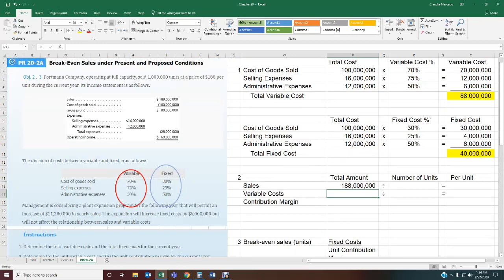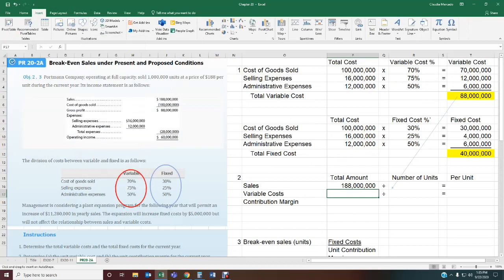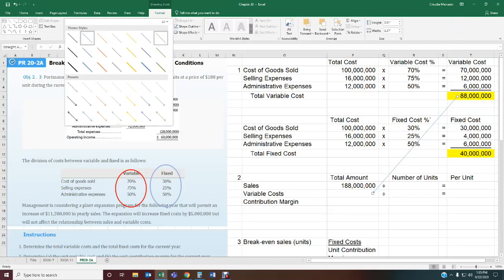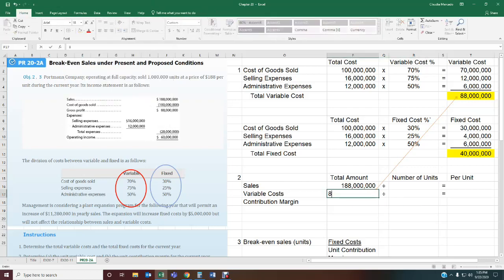Now my variable cost is coming in from there, $88 million.